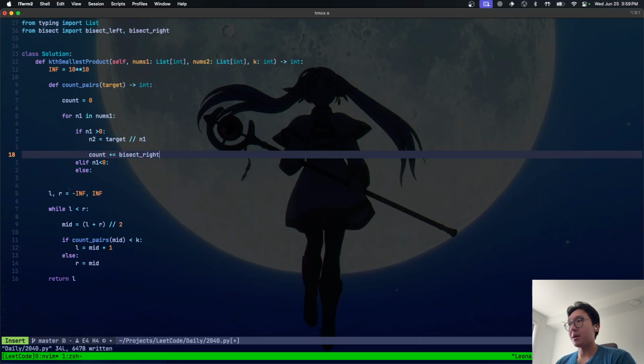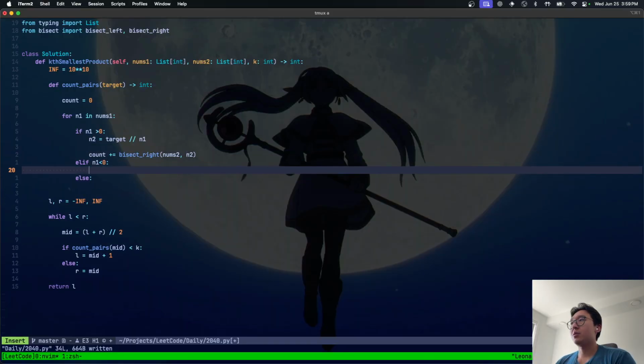Okay, so bisect_right on num2 with target2. If num1 is less than 0, then we want to go every number. So that's negative, so everything that's greater than the first element that multiplied gives the target will also be more and more negative. So that's fine. Everything on the right of that one, so we want to do bisect_left.